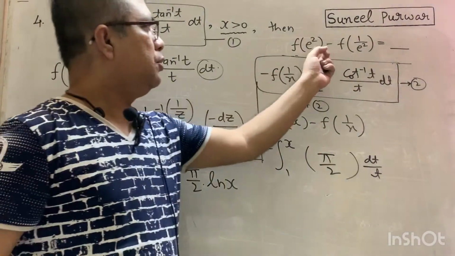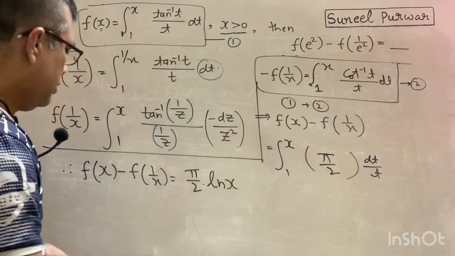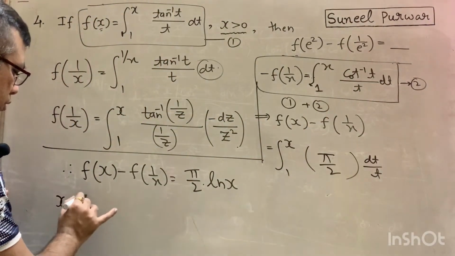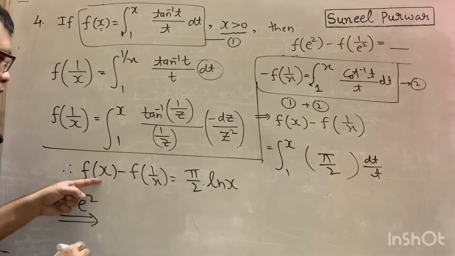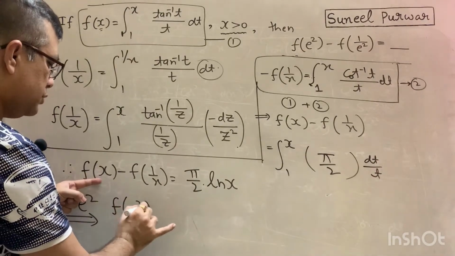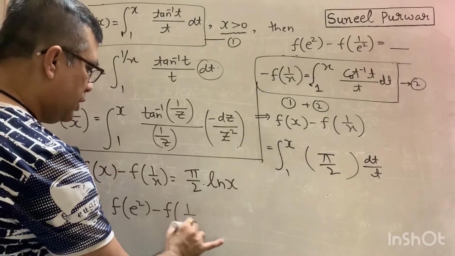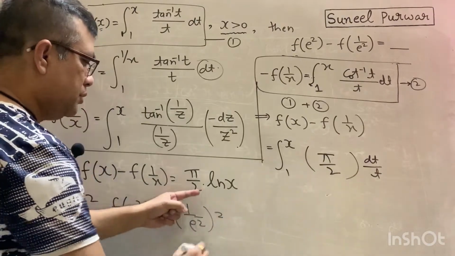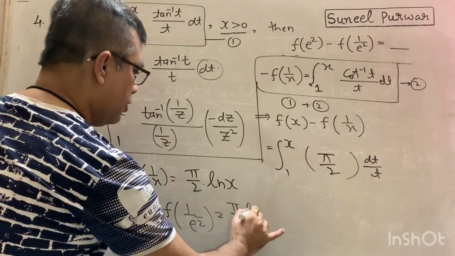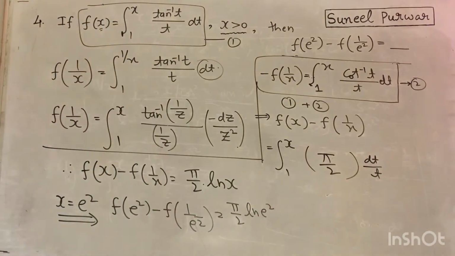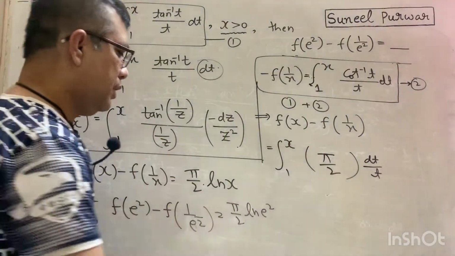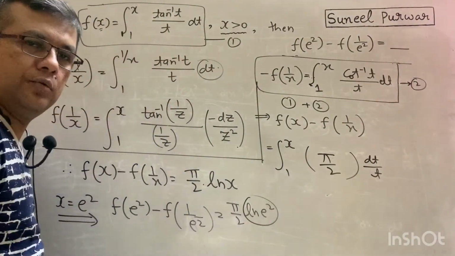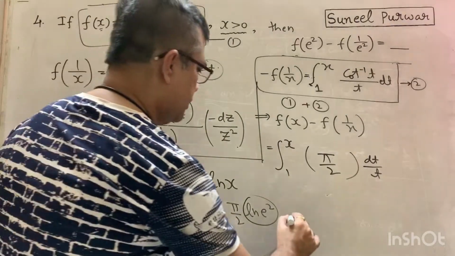Now, to get this value, you need to put x is equal to e square. So if you put x is equal to e square, this quantity becomes f of e square minus f of 1 by e square, and this becomes pi by 2 ln of e square. Okay, pi by 2 ln of e square, and this number is nothing but 2. So your answer is what? Pi.